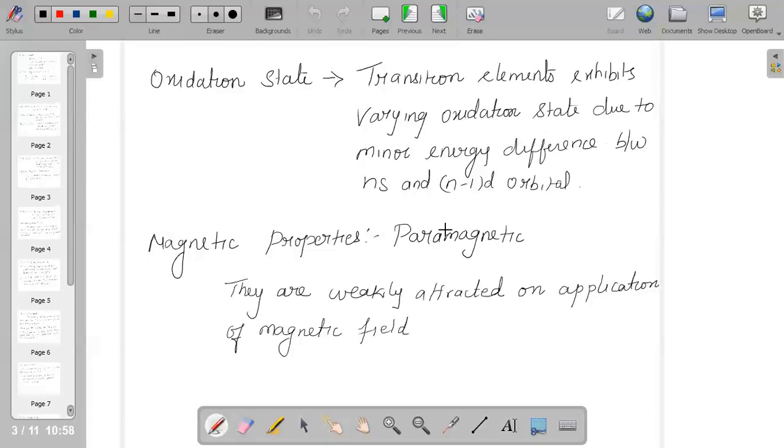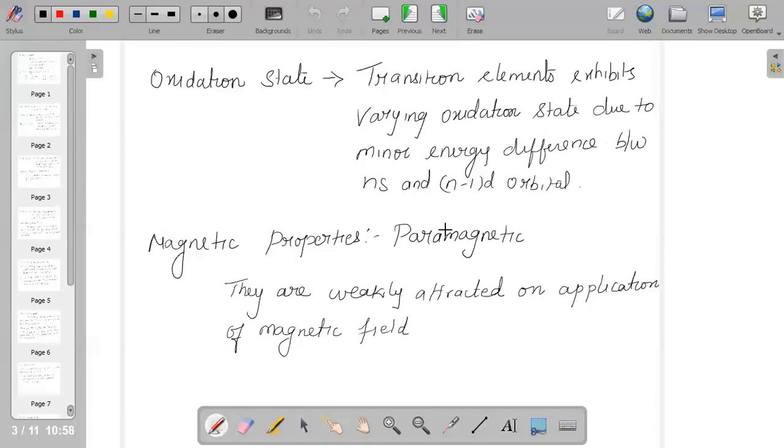And when we start talking about magnetic properties, what are all the magnetic properties exhibited? A substance's magnetic property depends on its behavior in an external magnetic field.